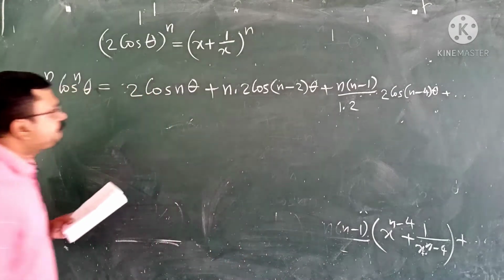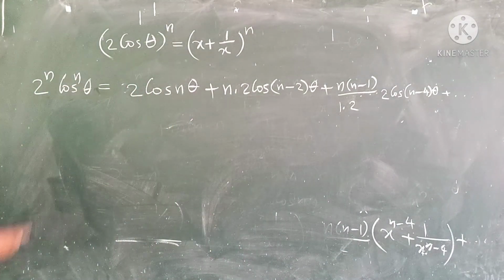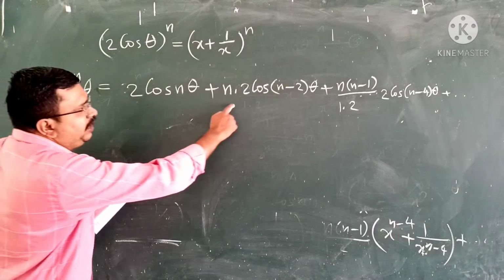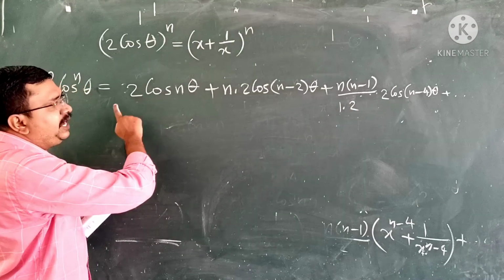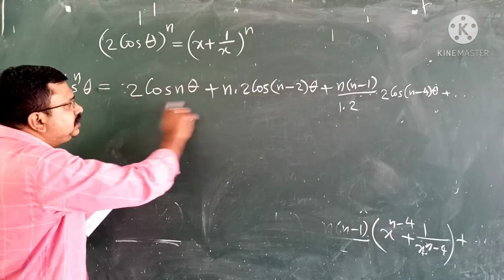Then here is 2^n, all terms contain 2, therefore we can delete 2 from this equation.